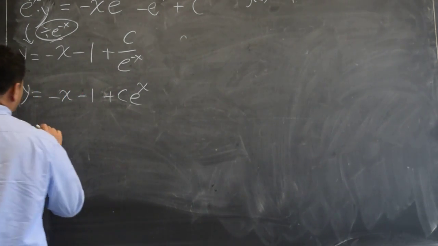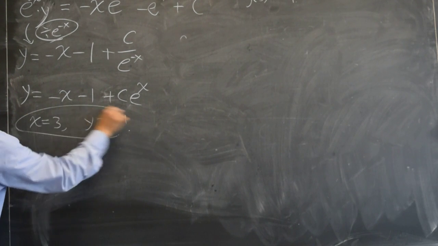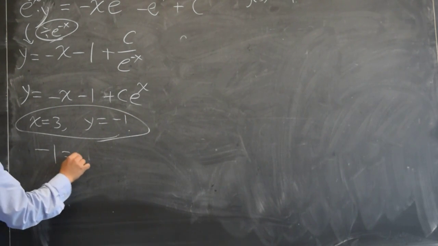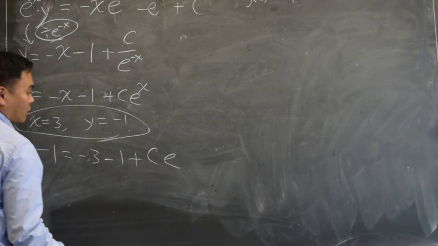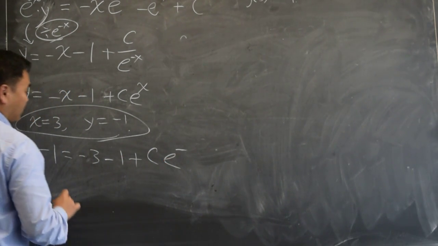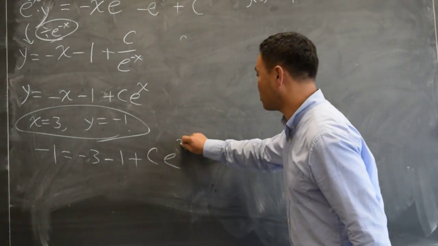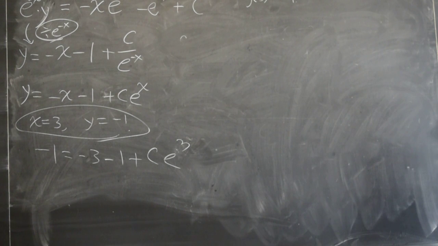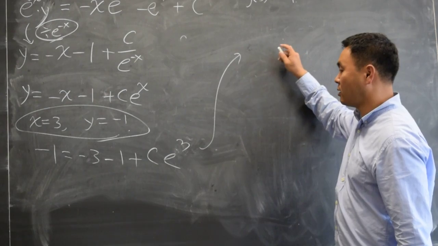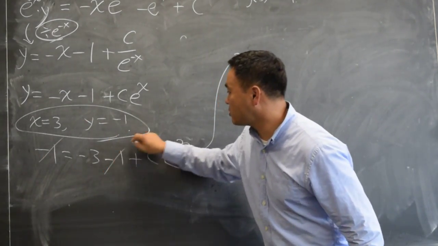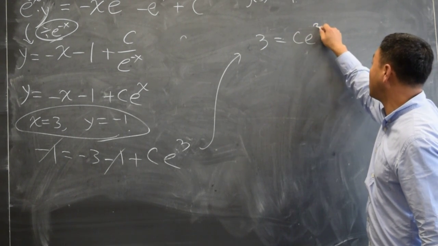And then I know that when x is 3, y should be negative 1. Plug this in here, so you get negative 1 is negative 3 minus 1, plus c times e to the positive 3, sorry. And then I get negative 1 cancels, and if I move the 3 to the other side, I get 3 equals c times e to the 3.